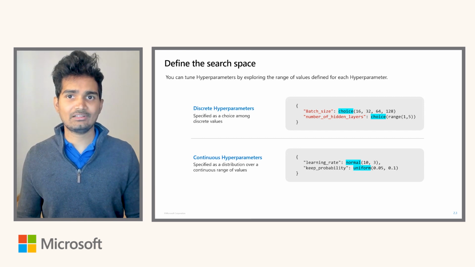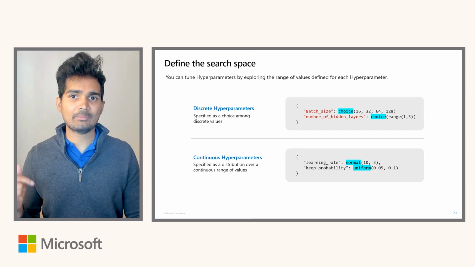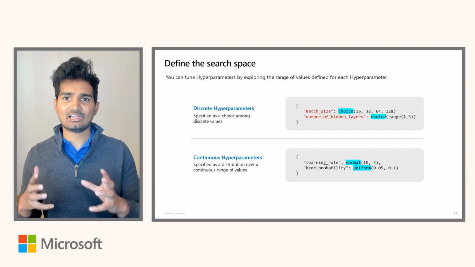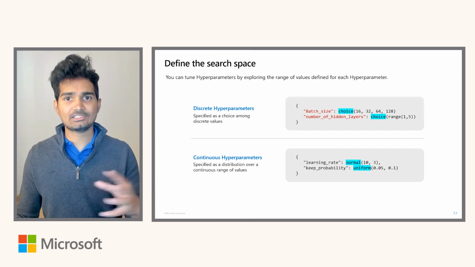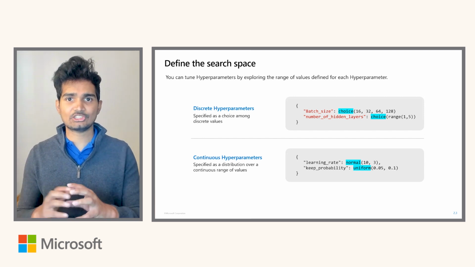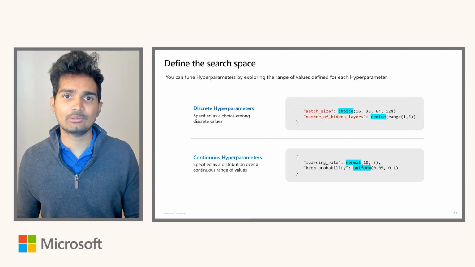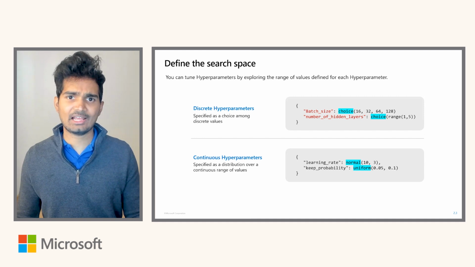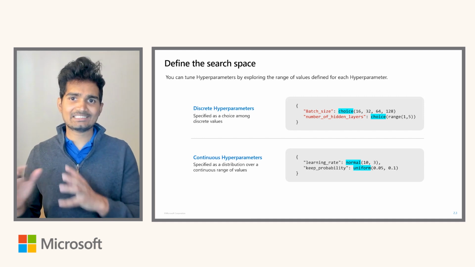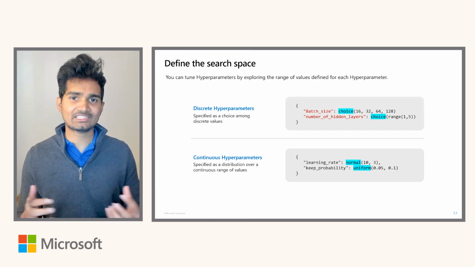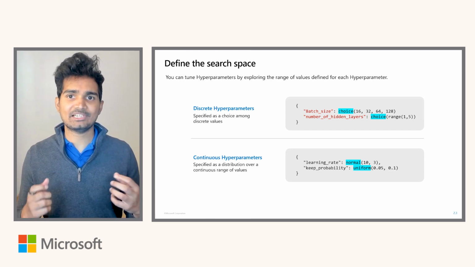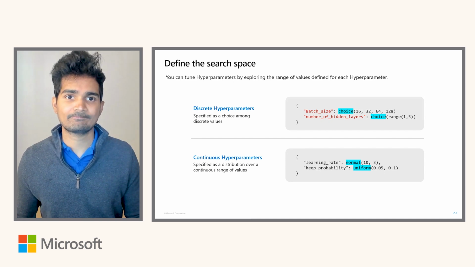The parameters include learning rate, comma-separated values, and batch size, which are range objects. In contrast, continuous hyperparameters are specified as a distribution over a continuous range of values. Understanding these types of hyperparameters and how to express them allows for more effective tuning and optimization of machine learning models.